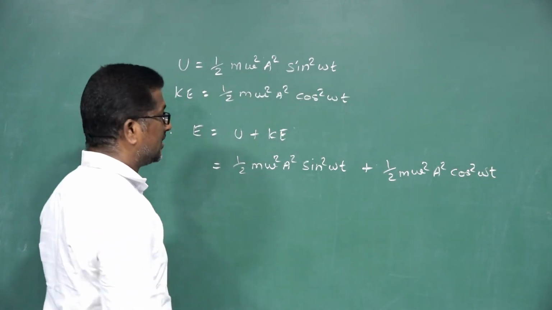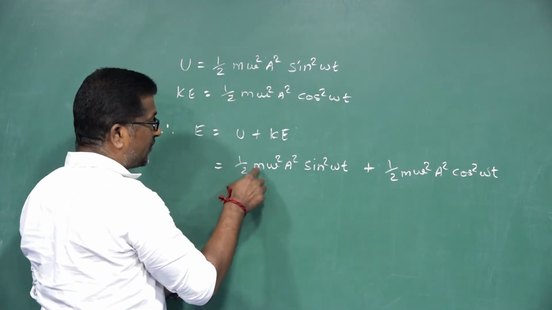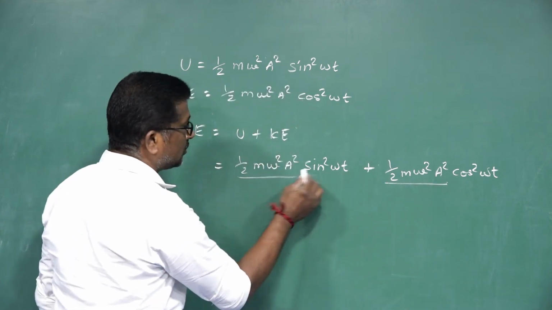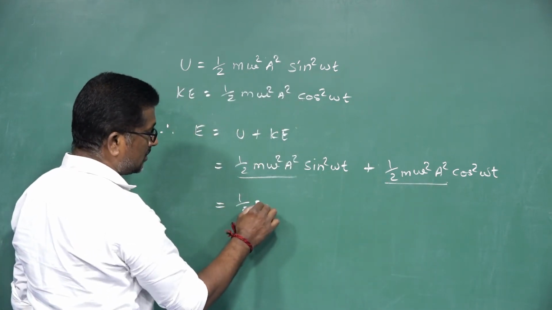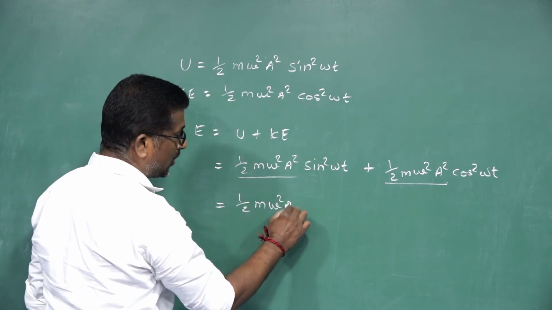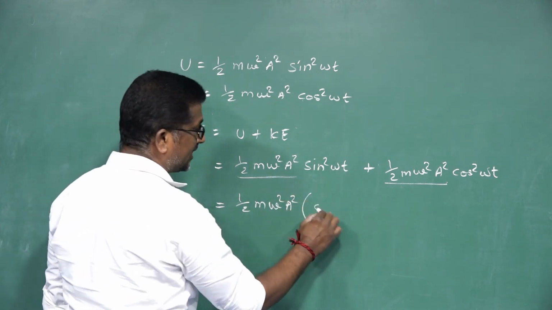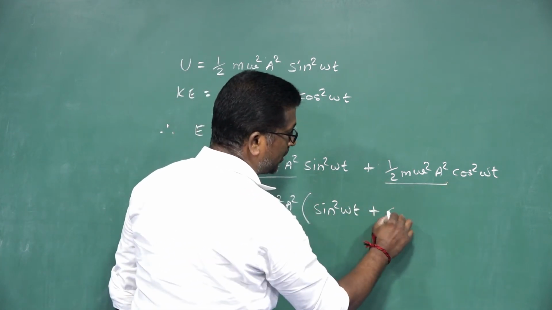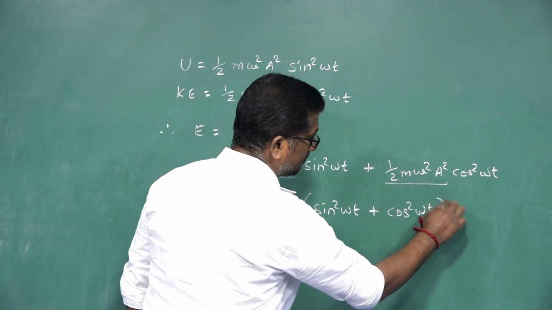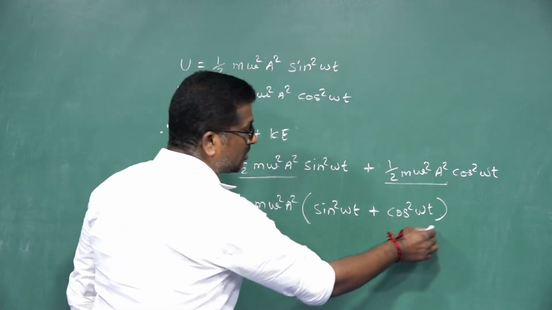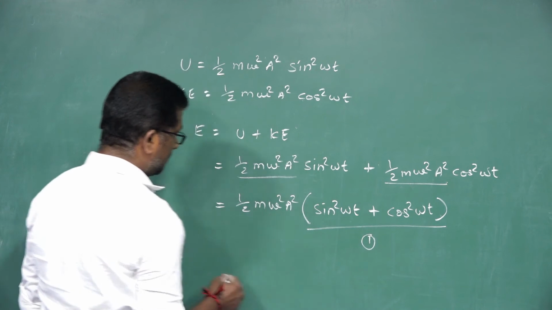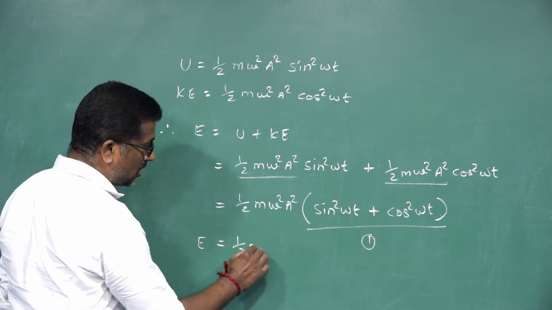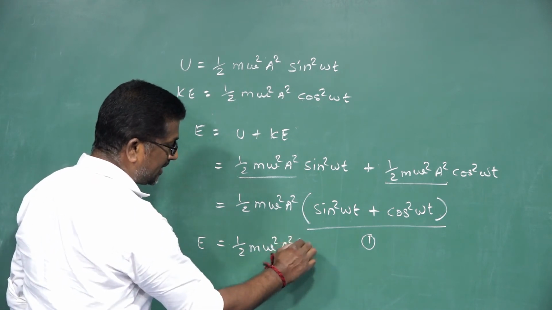In these two terms, half m omega square a square is common, so take it outside: half m omega square a square into sin square omega t plus cos square omega t. Sin square omega t plus cos square omega t is 1. Therefore, the total energy of the particle in simple harmonic motion E is equal to half m omega square a square.